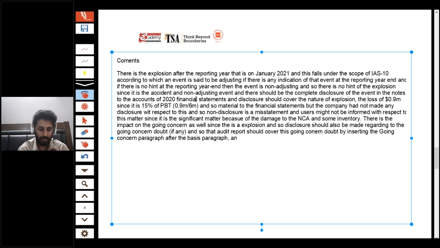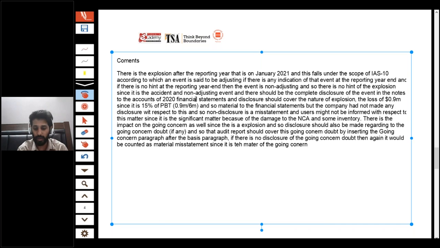Anyways, I'm writing one thing, there is a slight risk. If there is no disclosure of the going concern doubt, then again it would be counted as material misstatement, since it is the matter of going concern, right?